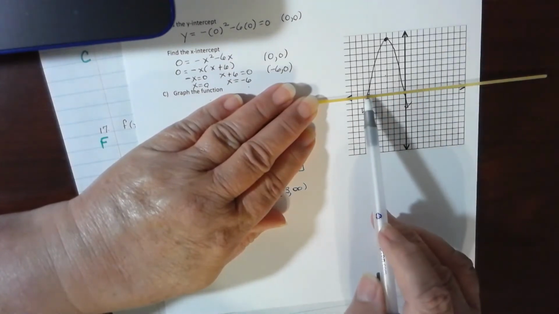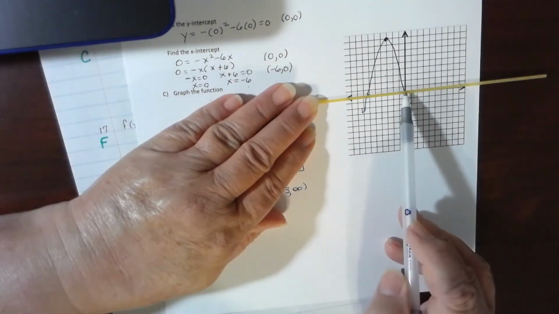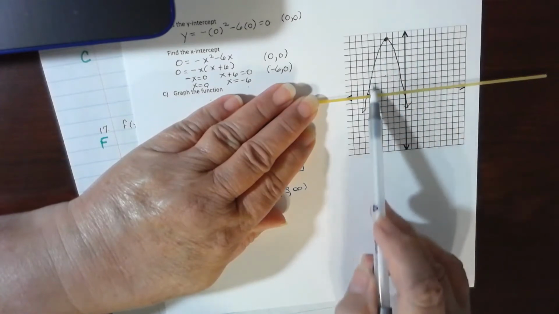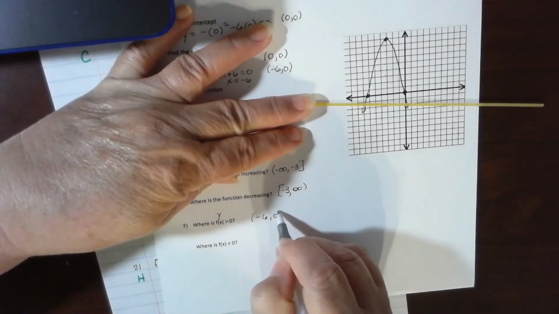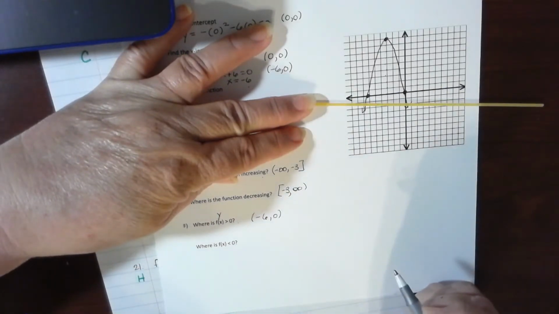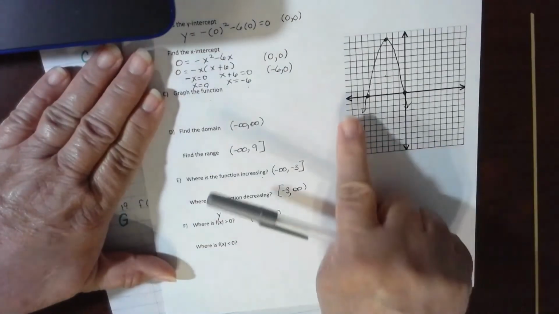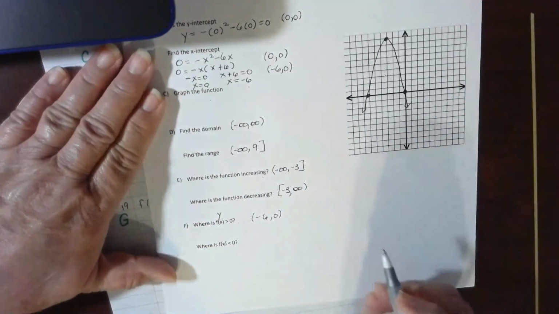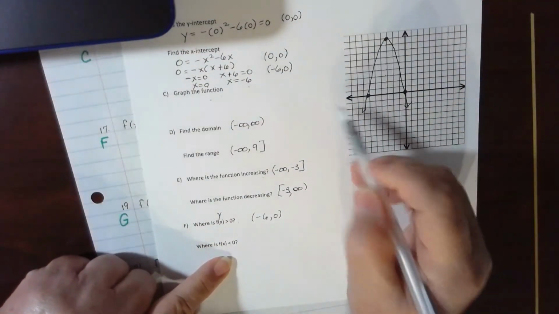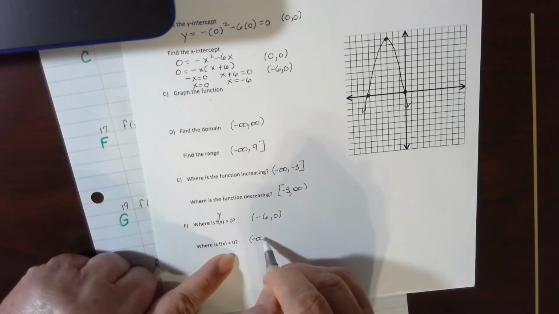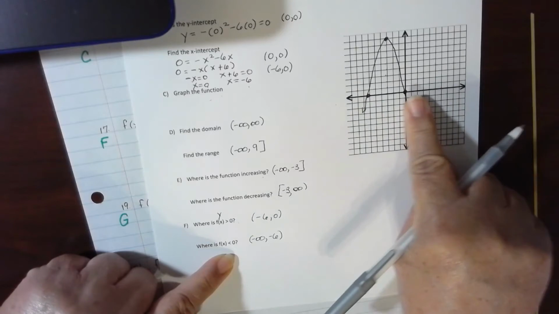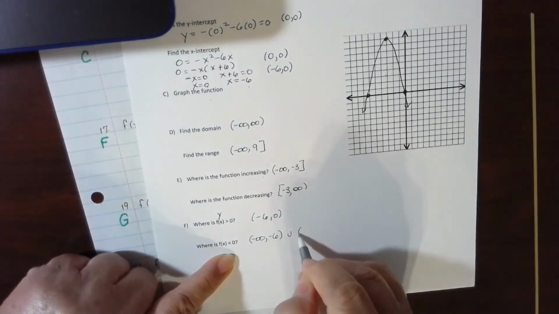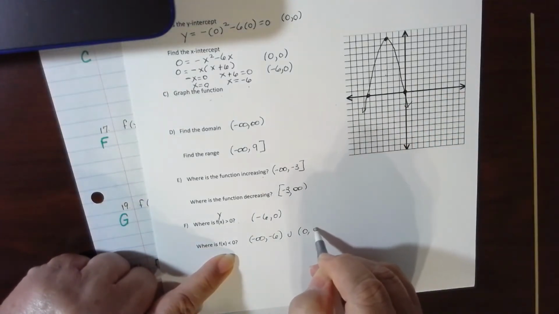So between where x is negative 6 to where x is 0, all of those y's are positive. So we'll write that as the open interval from negative 6 to 0. Well, where are they negative? All of this part and all of this part. But you do it as part of the x interval. So that's from negative infinity up to negative 6, that takes care of this part, and then from 0 over to positive infinity.